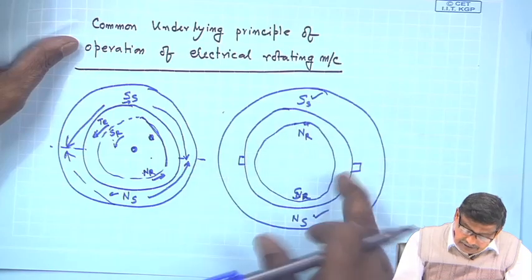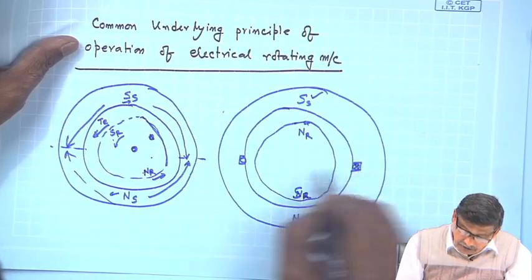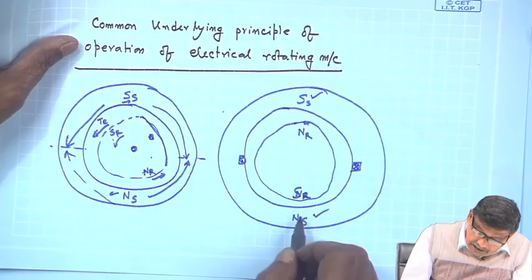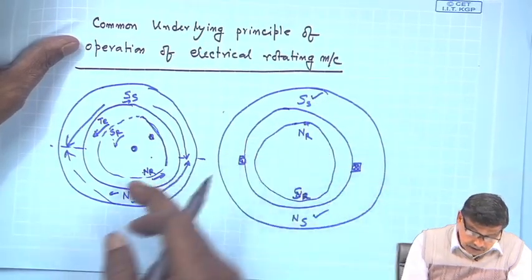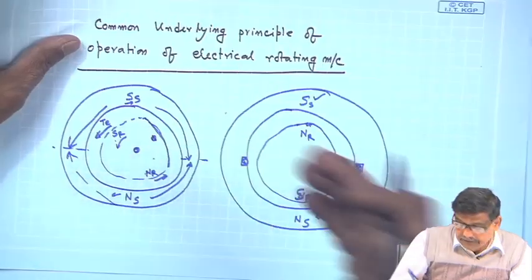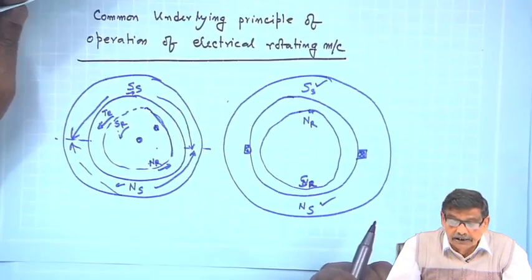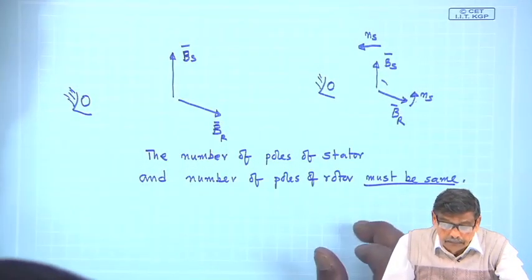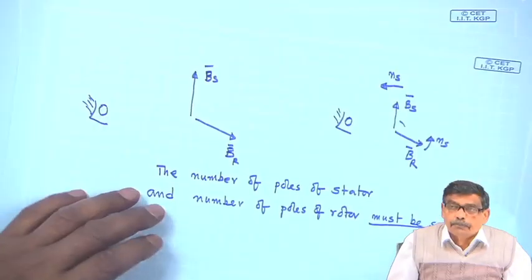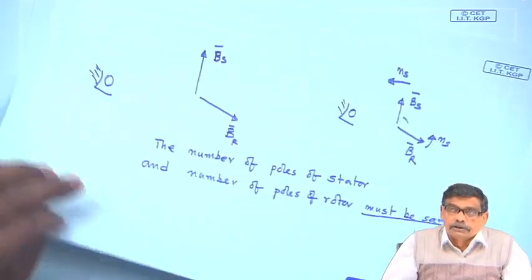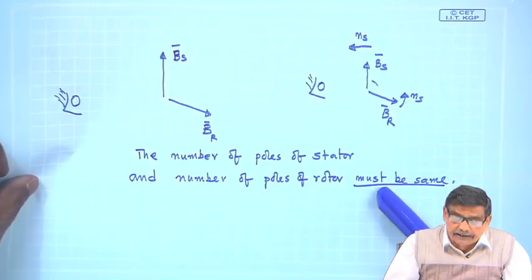For the stator you have 2 coils, pass current, cross dot, and S S and N S will be created. Similarly, for the rotor you have 2 coils, pass some DC current, those 2 poles will be created. But how to create more number of poles for stator and rotor? That is the question, because it looks like the number of poles should be the same.